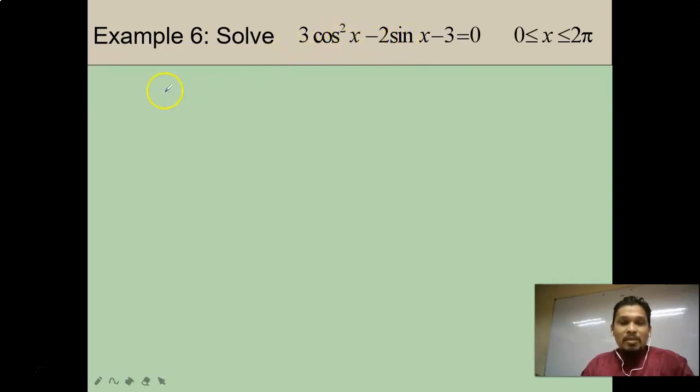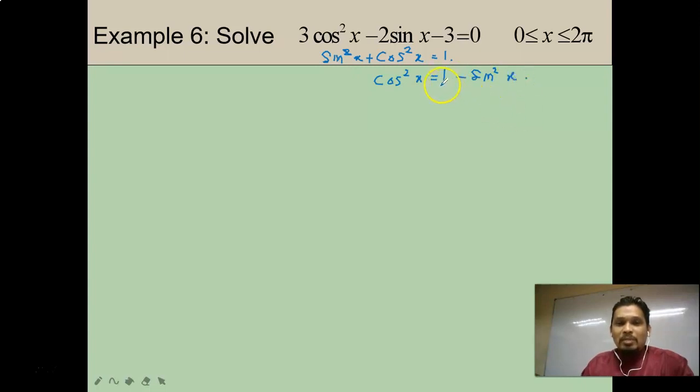For this, let's imagine that sine square x plus cos square x equals 1. So cos square x equals 1 minus sine square x.